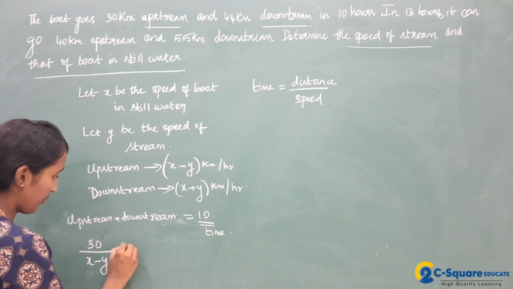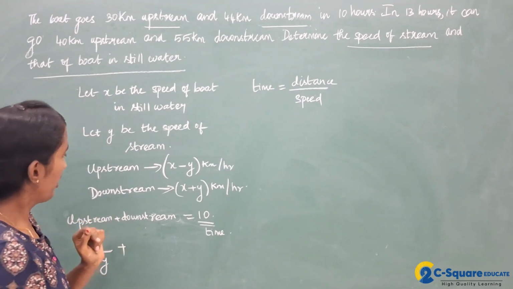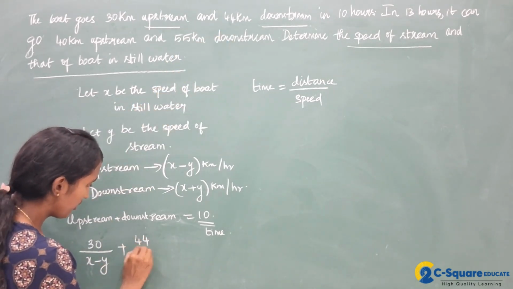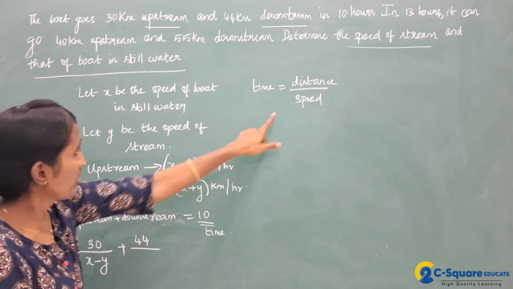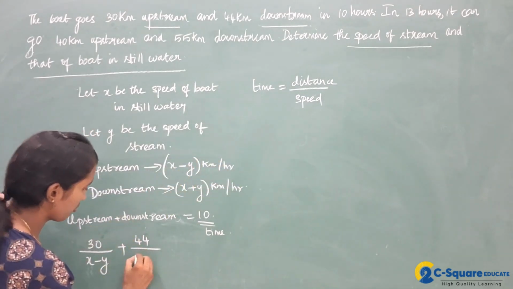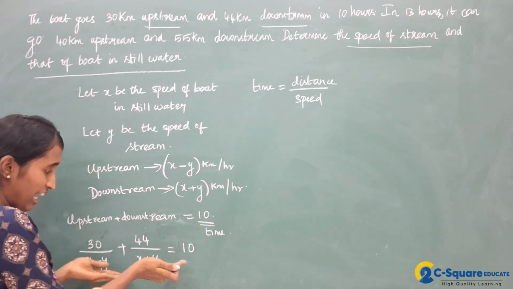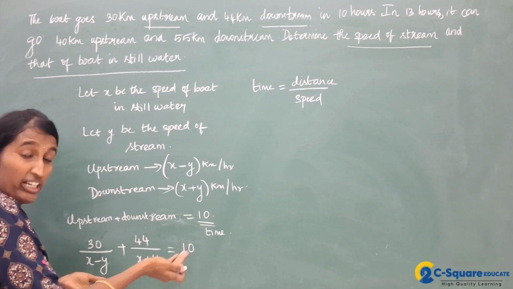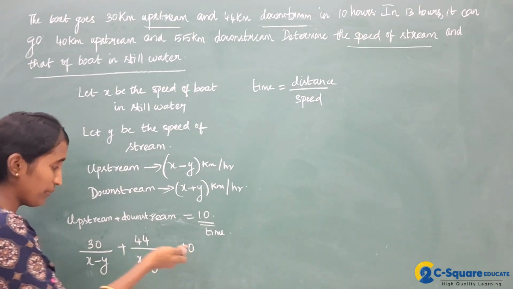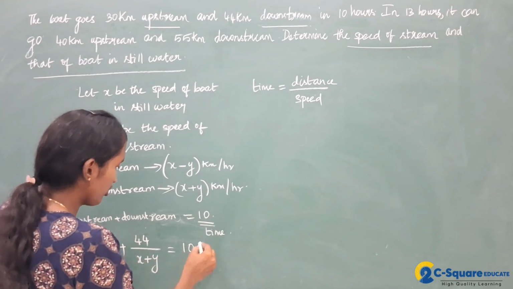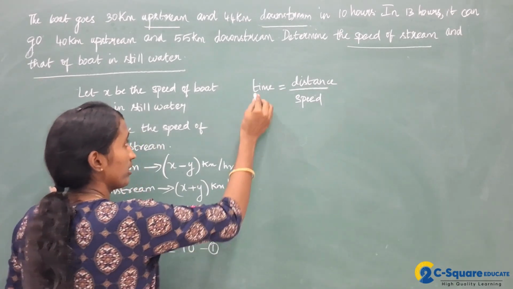Then plus the downstream distance, 44 kilometers, divided by the downstream speed, x plus y, is equal to 10. Each and every term is in time.